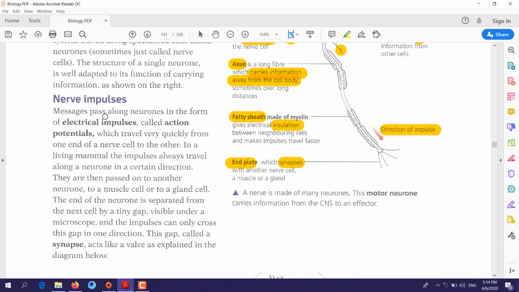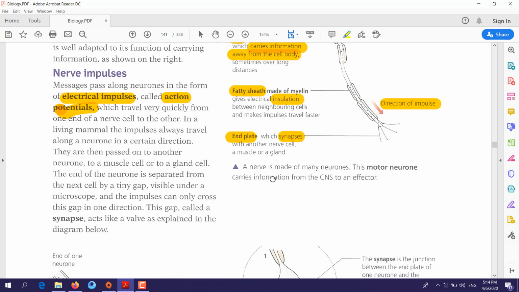Messages pass along neurons in the form of electrical impulses. The principle of our nervous system is sending electrical impulses, called action potential. The definition of action potential is passing electrical impulses through the neuron.